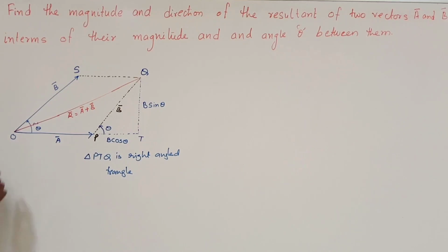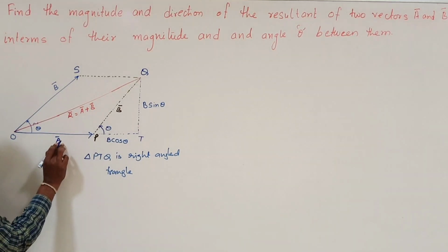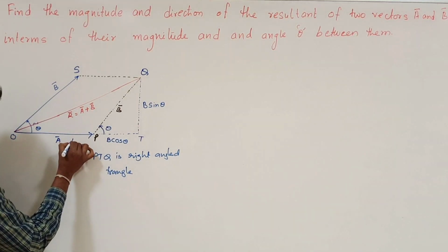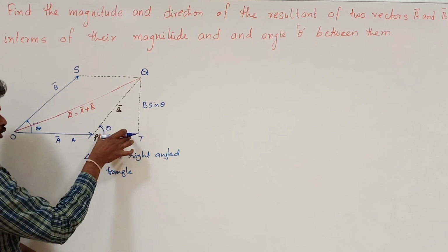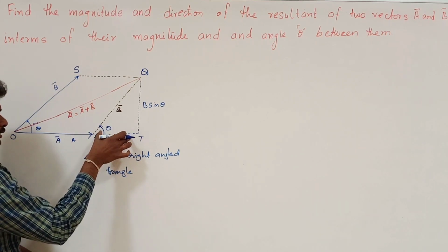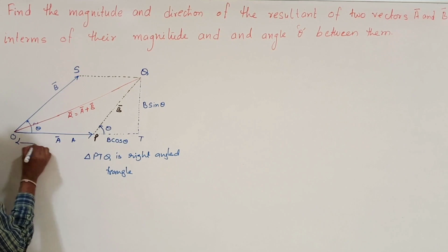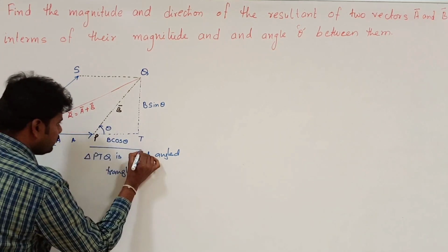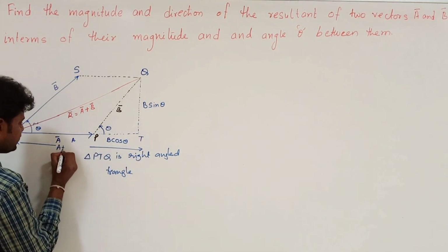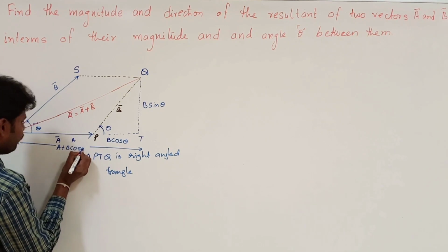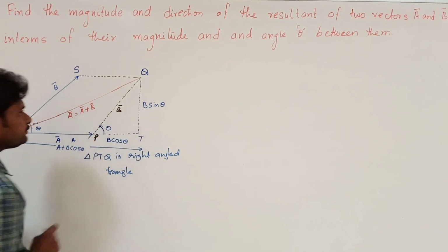Now, the magnitude of the vector A is simply A and the magnitude of this component is B cos theta, so the total would be A plus B cos theta from O to T.